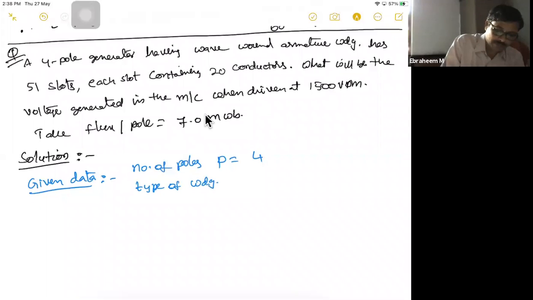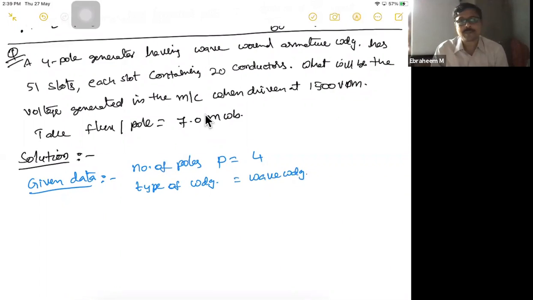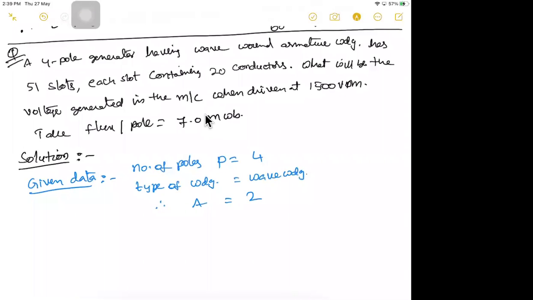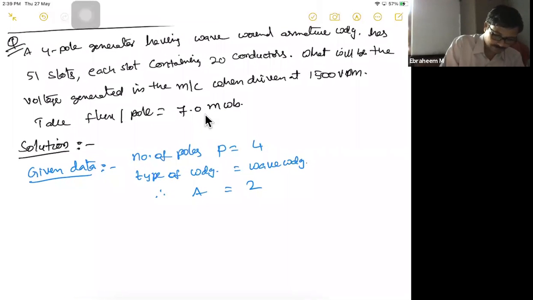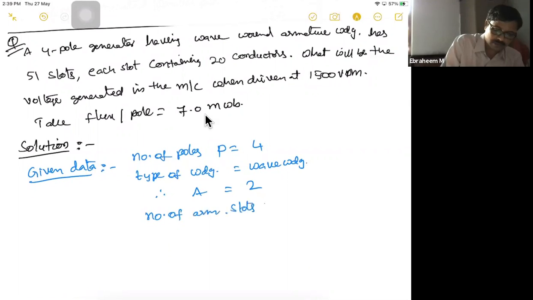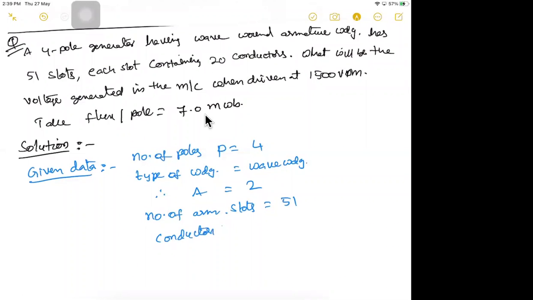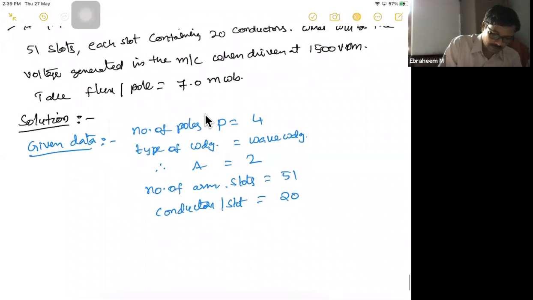The type of winding is wave winding, so parallel paths A is equal to 2, right? Number of armature slots is equal to 51. Conductors per slot is equal to 20. Therefore, total number of conductors is 1020.